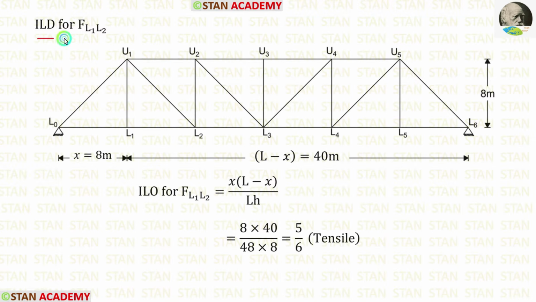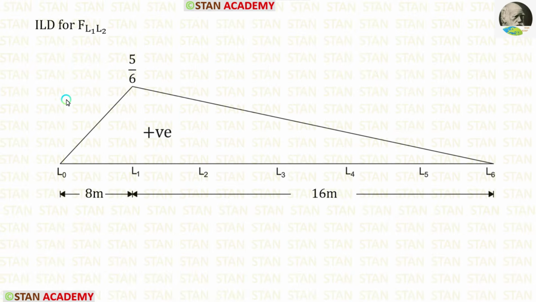Now let us make ILD for FL1, L2. L1 and L2 are meeting in the point U1. So we have to make the ordinate in the point L1. The ordinate is 5 upon 6. Using that we can make ILD.